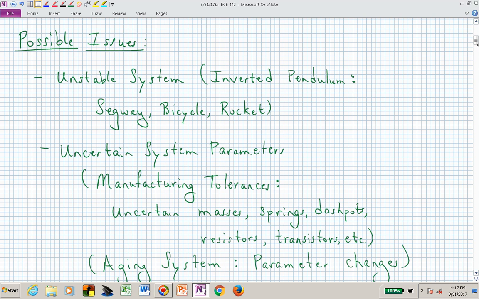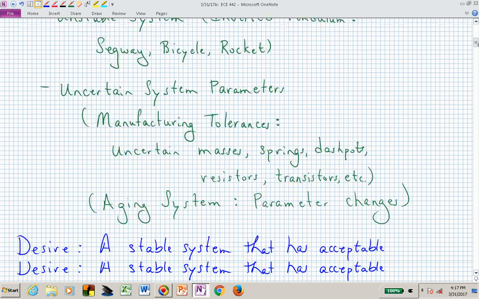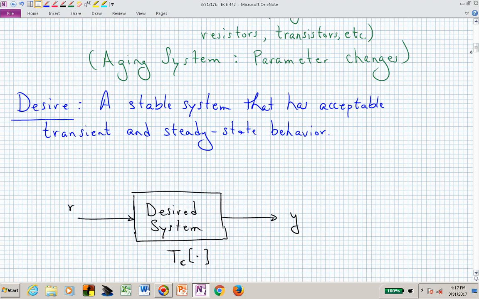We could also have uncertain parameters due to aging of the system, or the parameters now change as the system gets older. Our desire now is we want a stable system that has acceptable transient and steady state behavior.